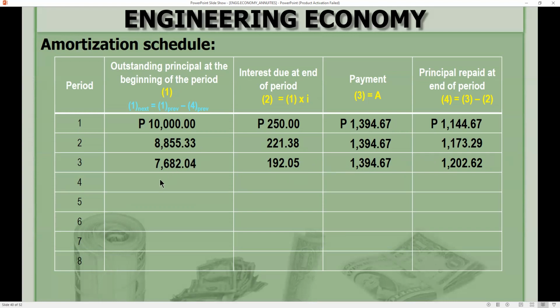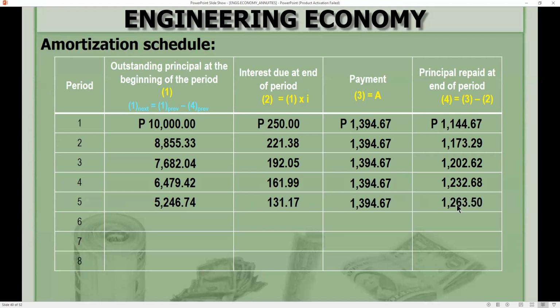So at the start of the fourth period, you have 6,479, the difference of 7,682 minus 1,202. And then you get 2.5% of the answer. And then annuity, subtract. You have this value. Subtract the principal here. So, and then interest, and then annuity, subtract, you get this one.